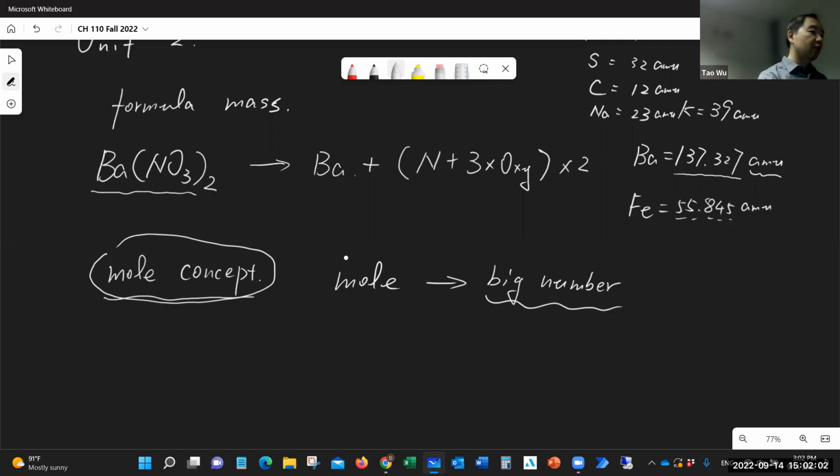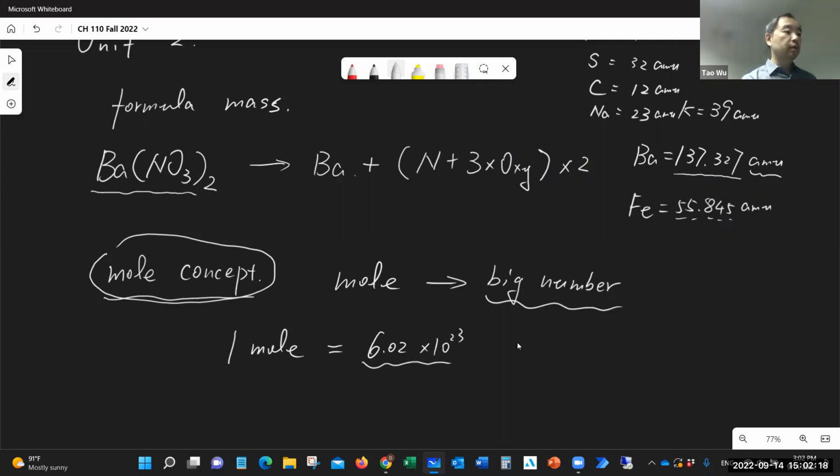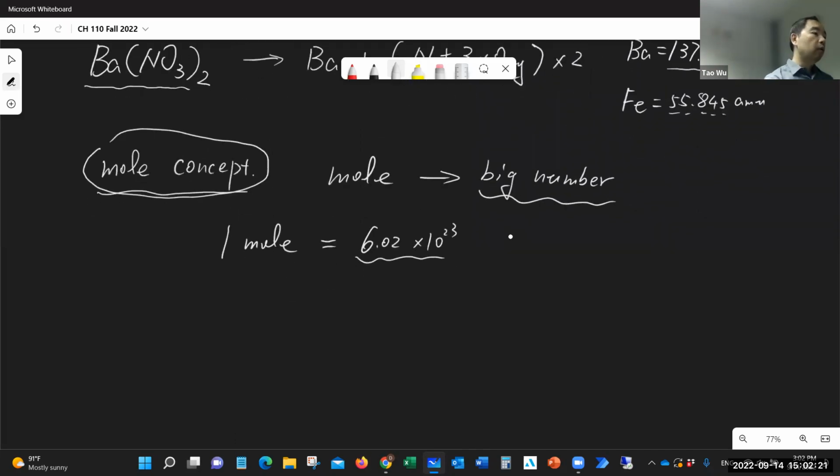So 1 mole is equal to 6.02 times 10 to the 23rd. And that is a number. The reason we call this a number is that the mole is similar to saying 1 pair. You know what a pair means, right?